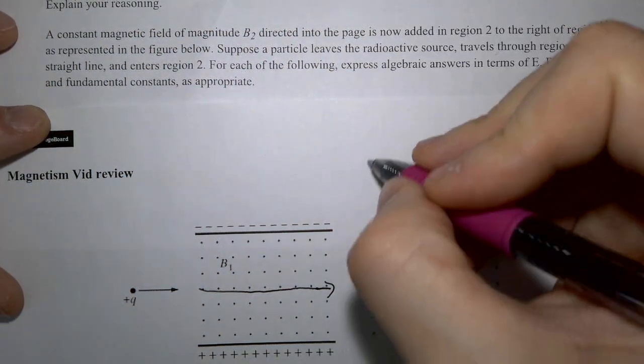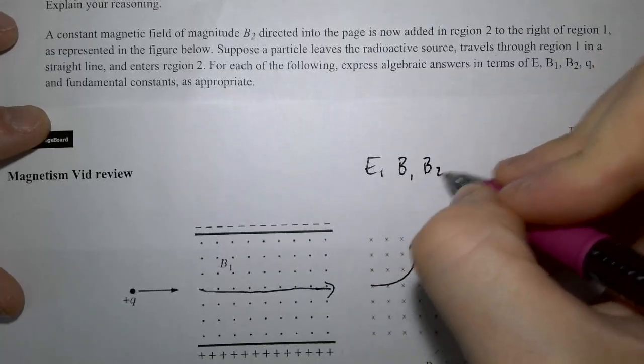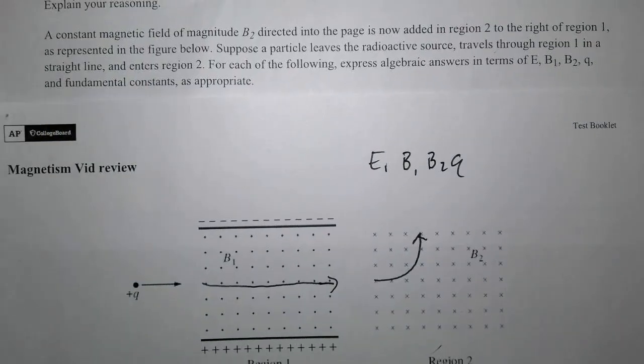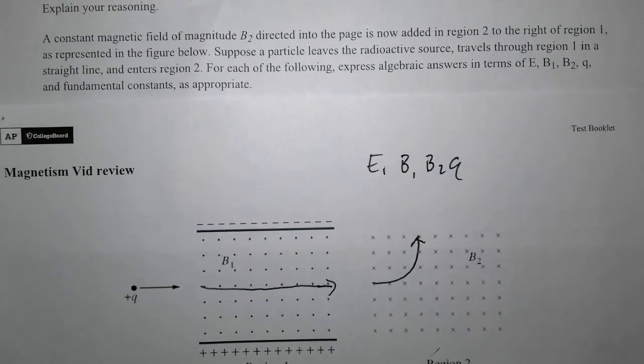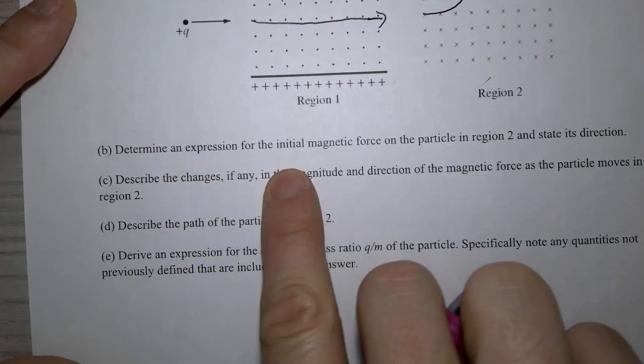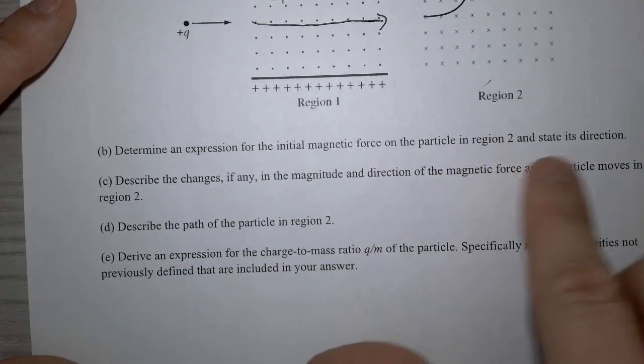And we are allowed E1, B1, B2, and Q as the only variables. That's going to be annoying to deal with, okay? So we're going to be able to enter this field, and it wants to know, determine an expression for the initial magnetic force on particle 2 in region 2 and state its direction.